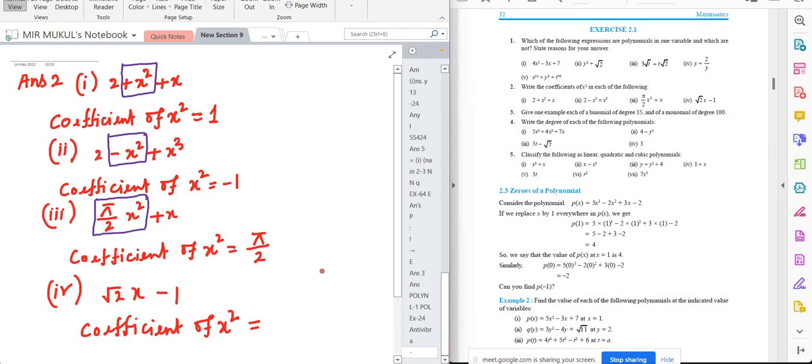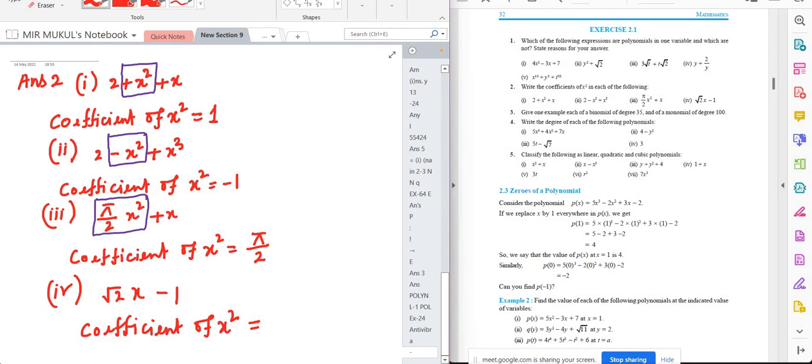Akshaya, can you see the term of x squared? First of all, the coefficient will not be a variable. The coefficient is the number in front of the variable. So where is x squared? Sir, it is not there, so the answer is 0.